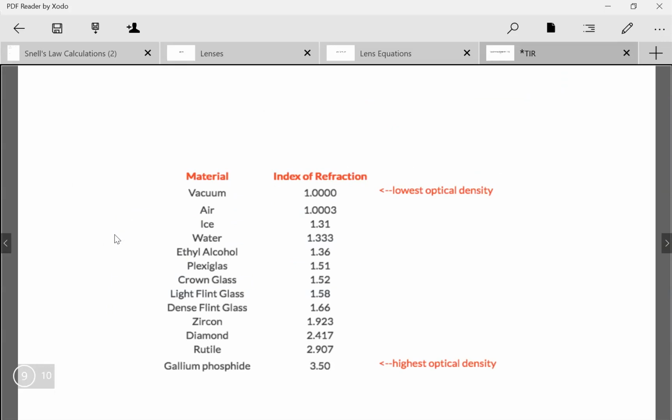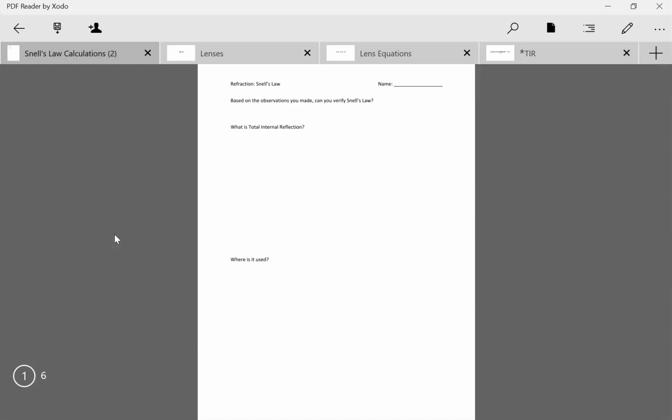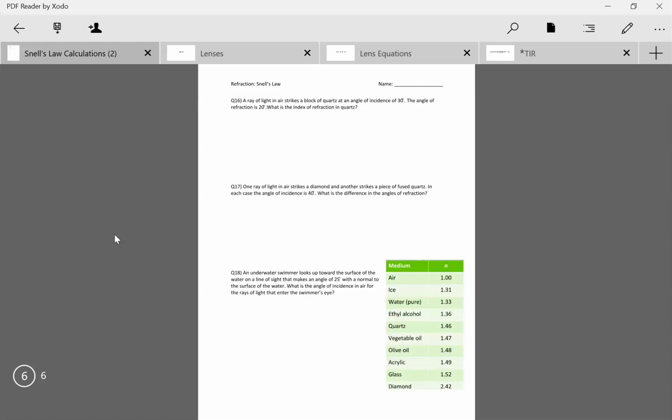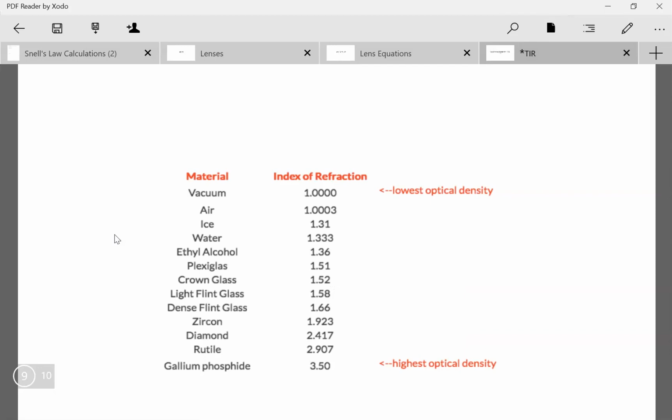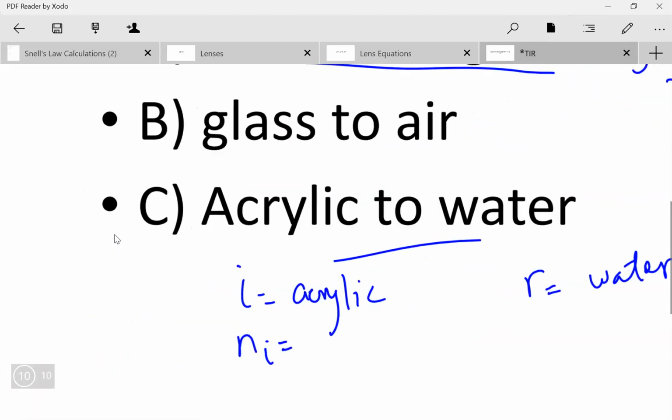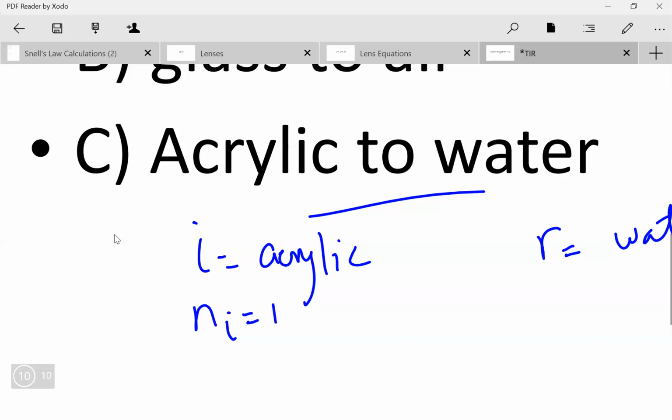acrylic is not on this little chart, unfortunately. Let's see if it's on some other page, I should have it somewhere. Acrylic is 1.49, there we go. I will give you the ones that you need.